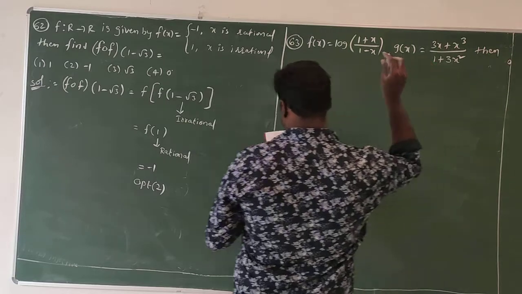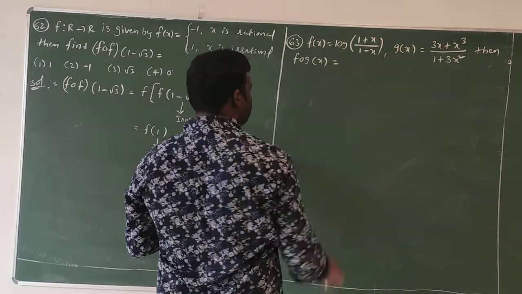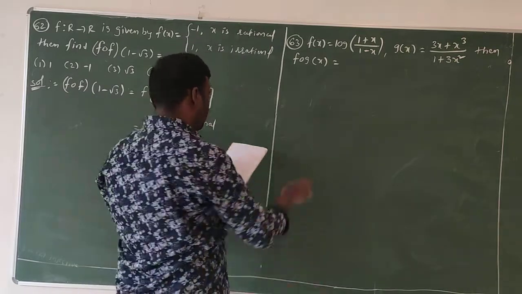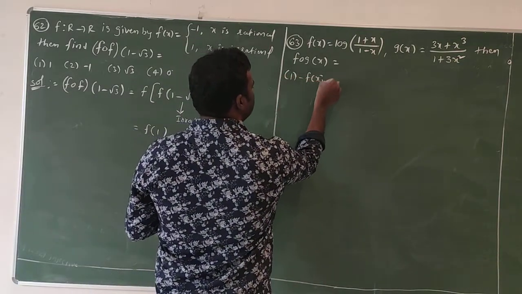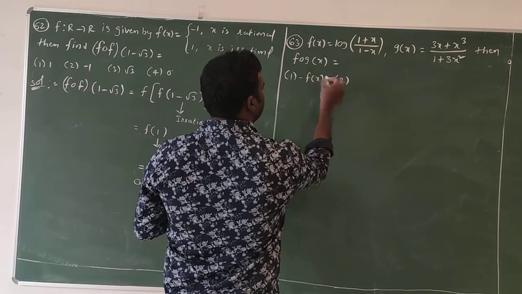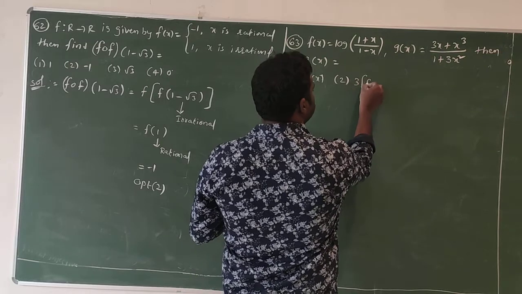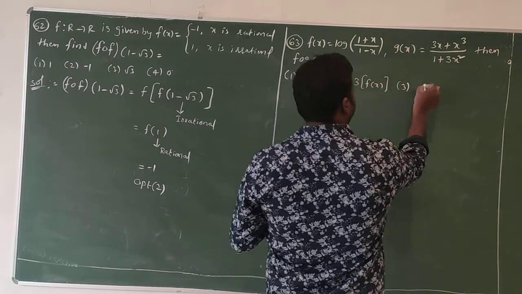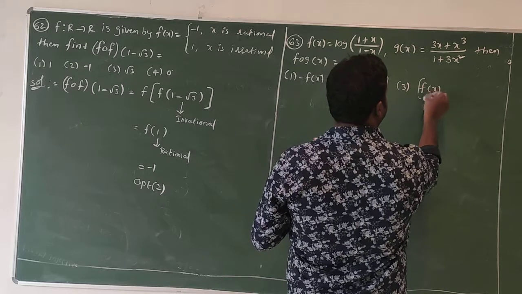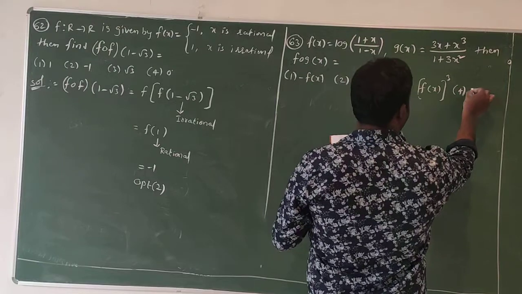Then we need to find f circle g of x. This value we need to find. First option minus f of x. Second option 3 into f of x. Third option f of x whole cube, and fourth option none of these.